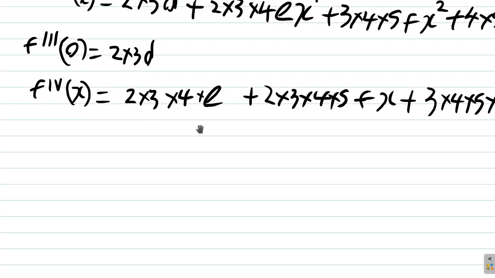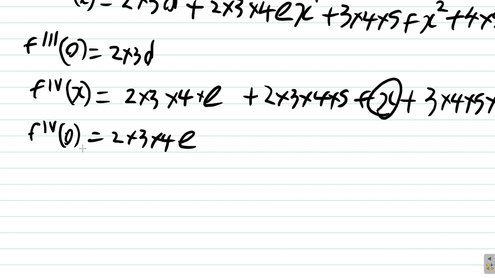Now, this is what we have. So, suppose we say that we're finding f4 prime of 0. What happened? We'd have 2 by 3 by 4 e, but this part will have 2 by 3 by 4 by 5 f times 0, because this x would be 0.